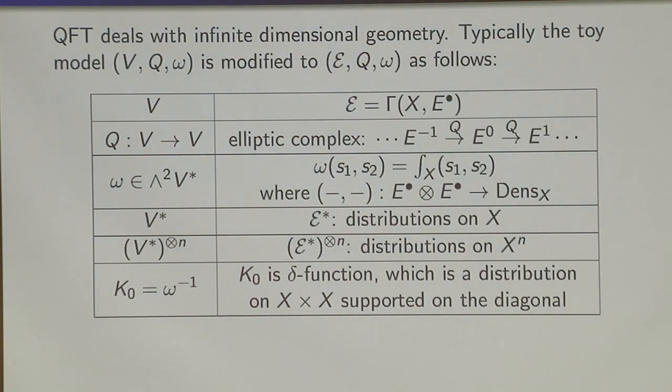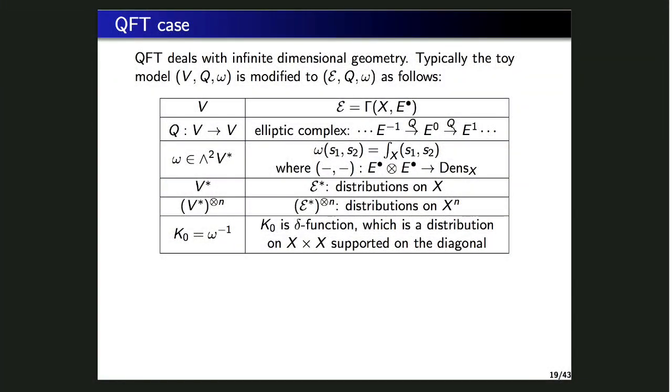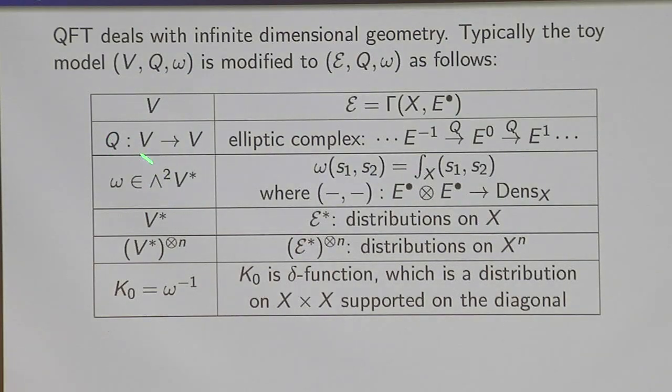Now, the next part is the trouble. To perform the BV construction, we need to invert the Poisson kernel of this symplectic pairing. Because this pairing is given by something like integration, the inverse of the integration is given by a delta function. So we can view this delta function as a distribution supported on the diagonal of the product space.